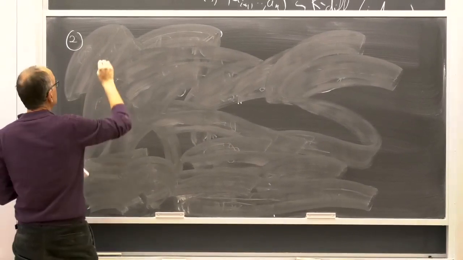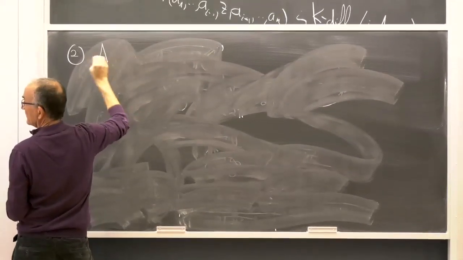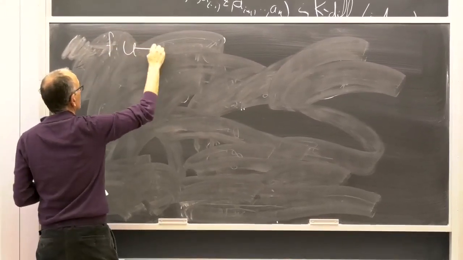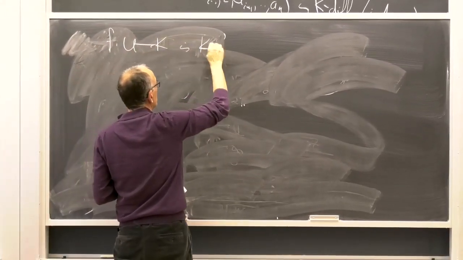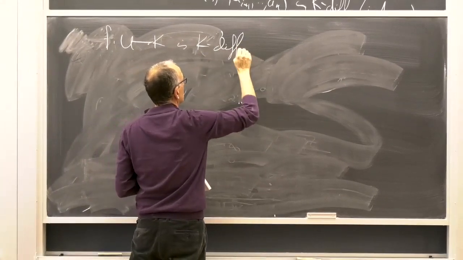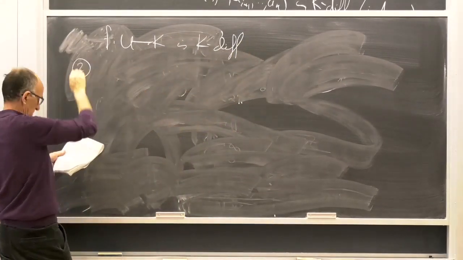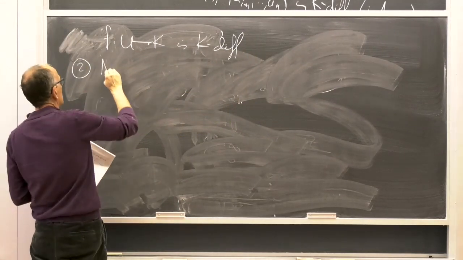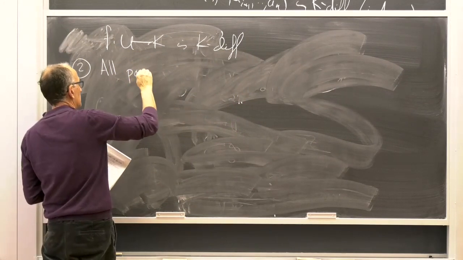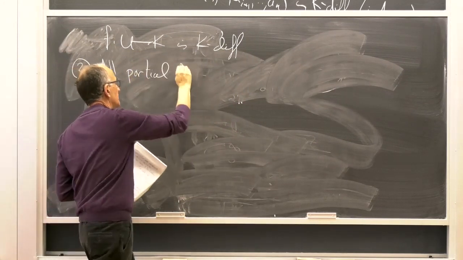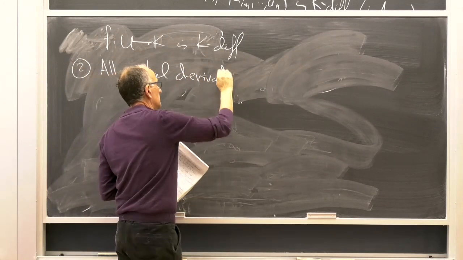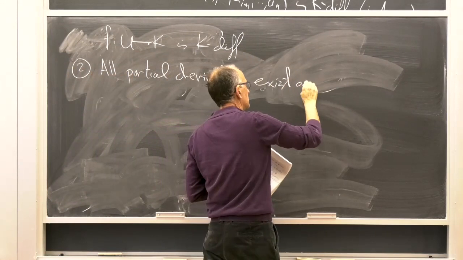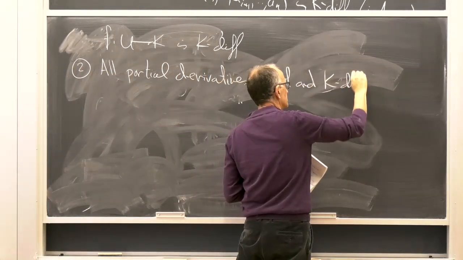Okay, now I'm still working, let's say, f from U to K is K-differentiable. Another property: all partial derivatives exist, and they are also K-differentiable as well.